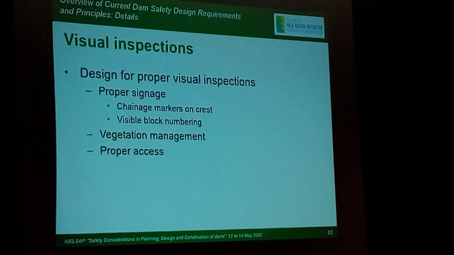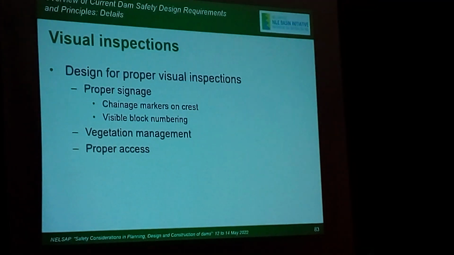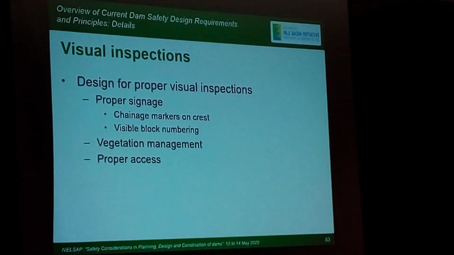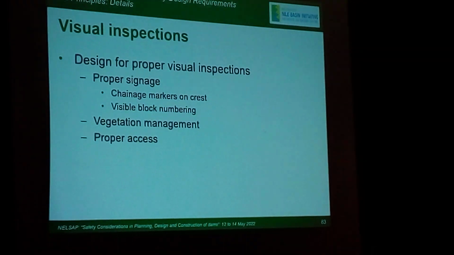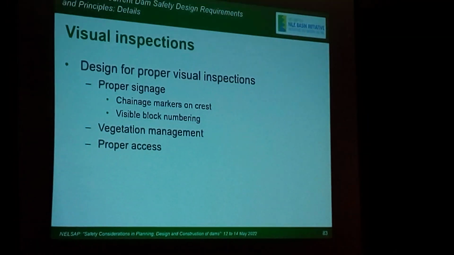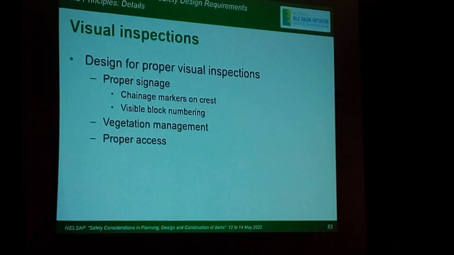It's an embankment dam. No chainage markers on the crest. The dam is 600 meters long. I want to do a visual inspection. How, if I see something wrong on the crest or on the slope, how do I know where I am if I don't have chainage markers on the crest?